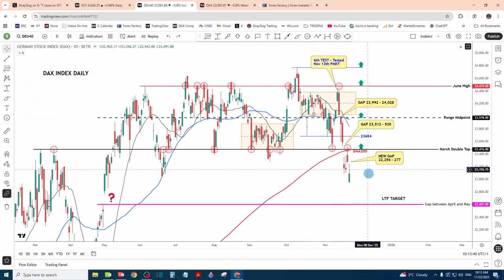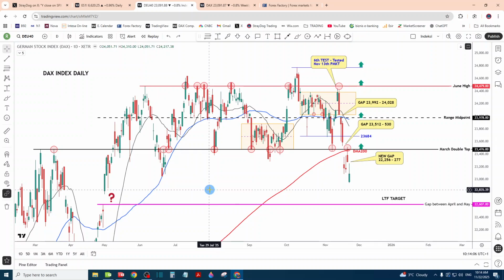Take note of these gaps as well. On the way down, the market made a few of those, and this one and this one were bigger at the start. They got tested. This one is a fresh one between Thursday and Friday. On Friday it was a true gap down open, and on the way up the market filled the majority of that gap and left a part behind. So for the next week, what are we looking at on the DAX?